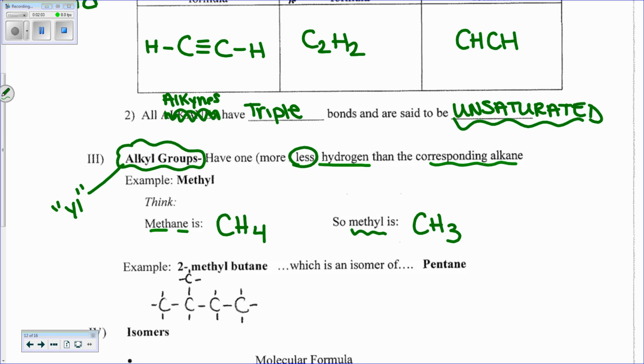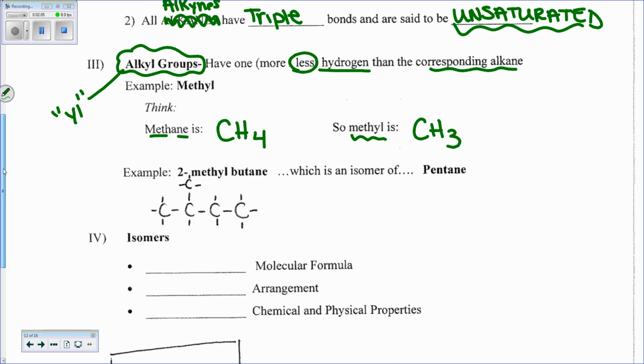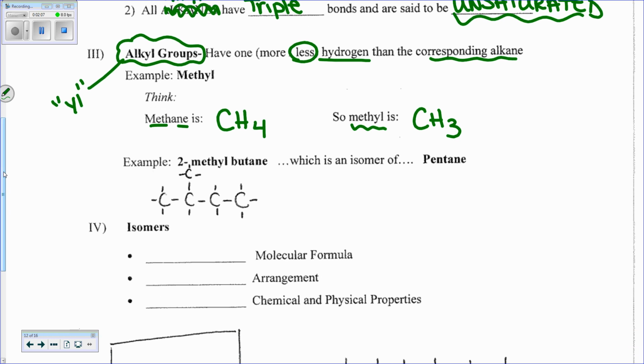So for example, if I look here, it says I have 2-methylbutane, which is an isomer of pentane. Well, we're going to talk about isomers soon. So let's see why they call it 2-methylbutane. Well, I always want to look at how many things I can touch without picking up my pencil. So I can touch 4 across right here, but I leave this guy out.